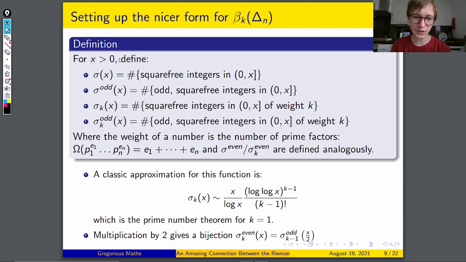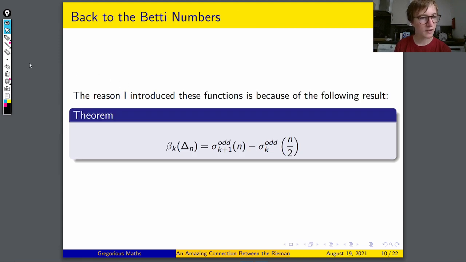But the reason that we're setting all of this stuff up is not random. It's because the kth Betti number of delta n is precisely these sigma odd function thingies. You combine a couple of them in this way, and you get a form for the beta k's, which should be much more understandable than the rank of reduced simplicial homology.